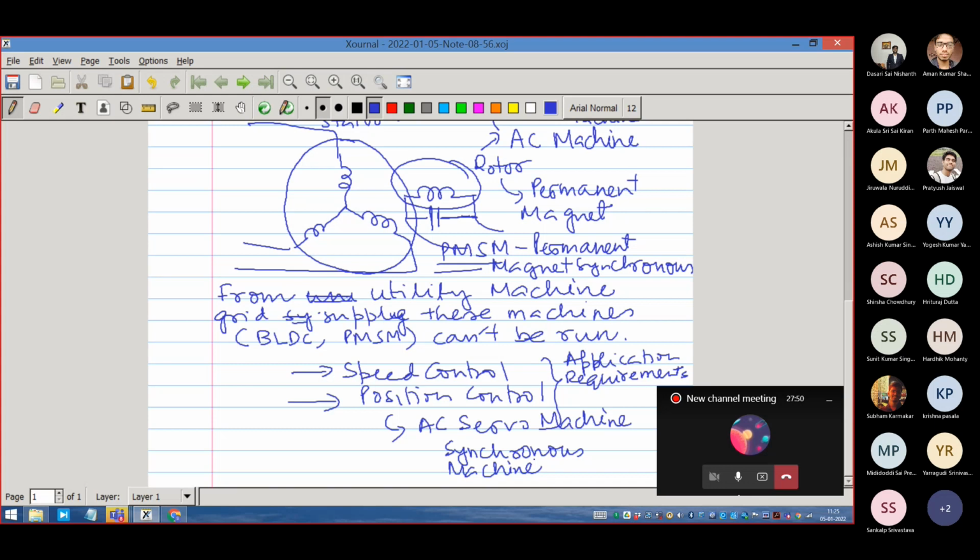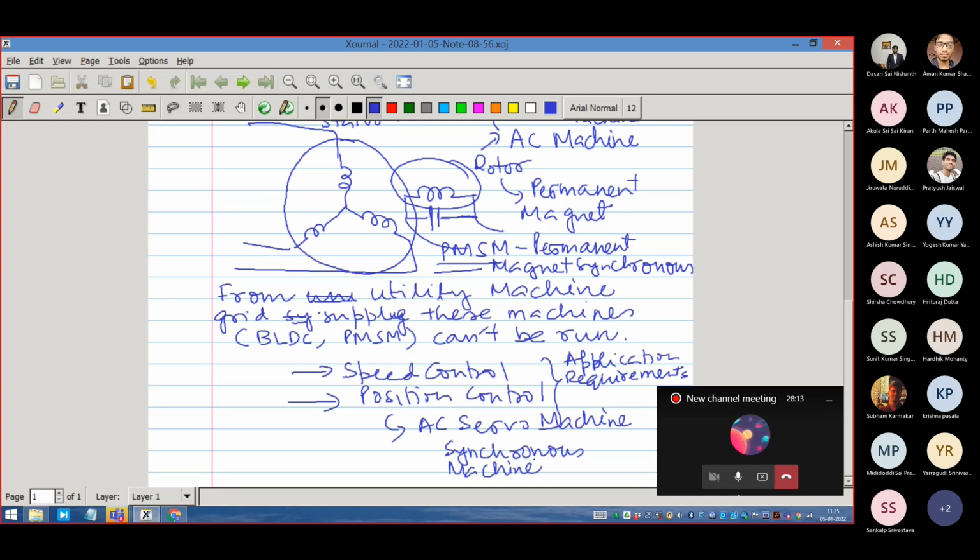In the new applications area, BLDC is entering. BLDC is taking the area of our electric car. In an electric car, the motor will be a BLDC machine. Sometimes a BLDC machine, sometimes a synchronous PMSM machine, sometimes an induction machine. All three machines are competing with each other.